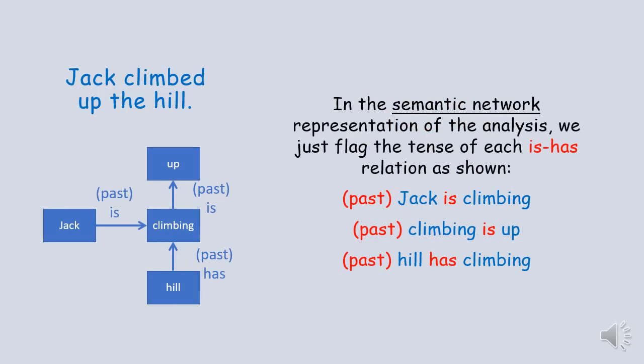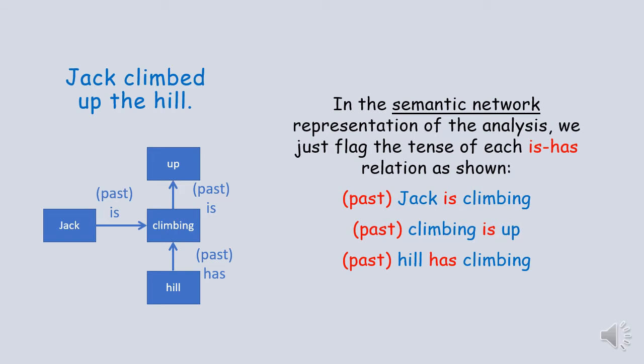In the semantic network representation of Jack climbed up the hill, we just flag the tense of each is and has relation as shown on the left hand side there.